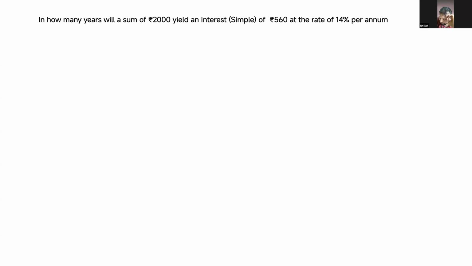And then the rate of interest is 14 per annum. So I found how much 14% per annum will be, 14 by 100 into 2000, and I did 560 divided by that. I think the method is a bit different, but I find that easiest.